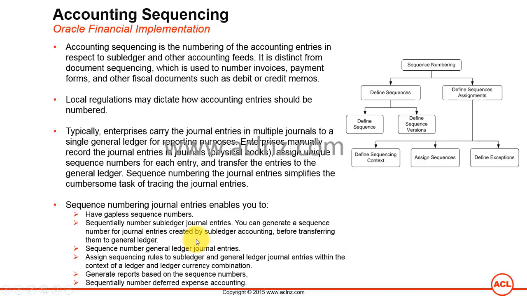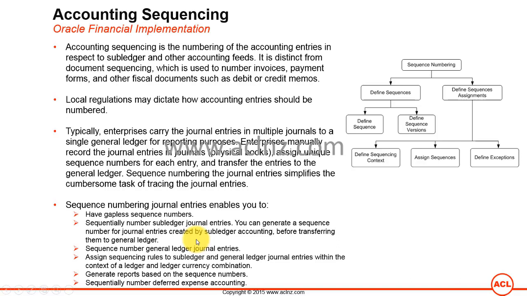So you can have sequence numbering unique to each of the subledgers. For example, you may have separate sequence numbering for payables, a separate one for receivables, for fixed assets, for projects, and so on, so that you can uniquely identify those sequences and all of those journals associated with them. And then when they come into the subledger accounting module, there you can consolidate, write your rules, and then transfer them to the journal ledger, which is where the entire consolidation happens in your primary ledger.